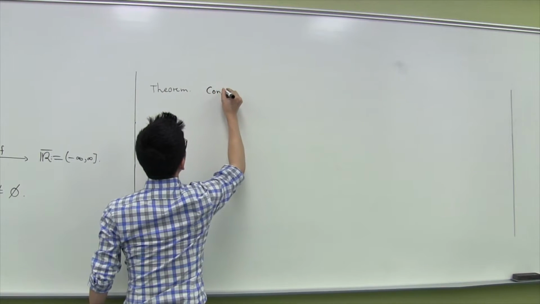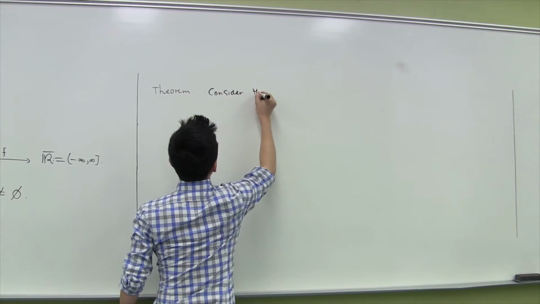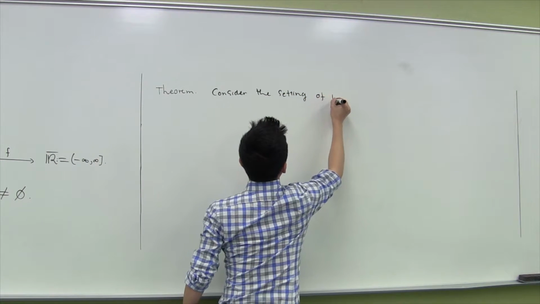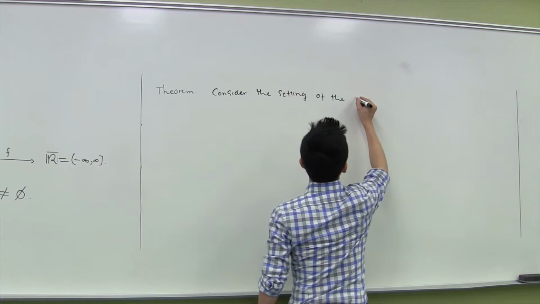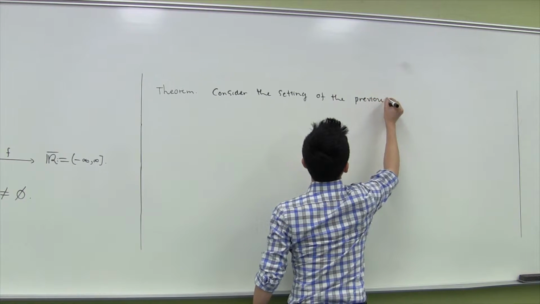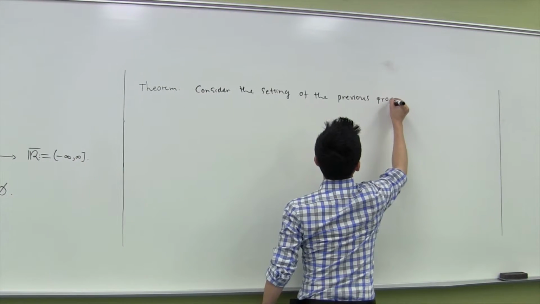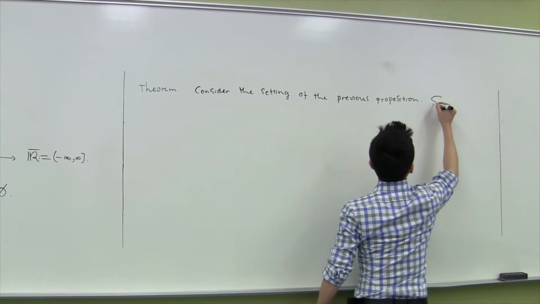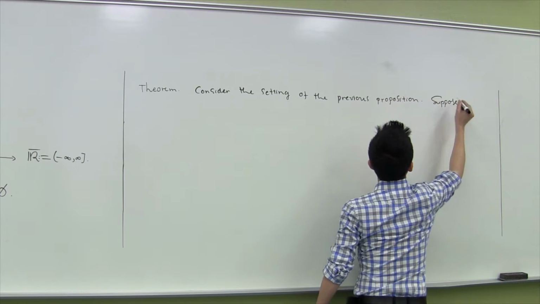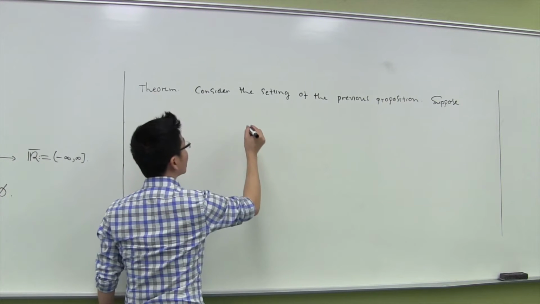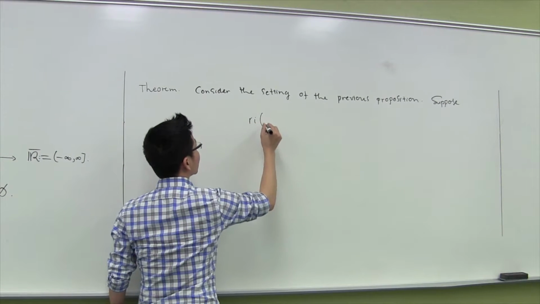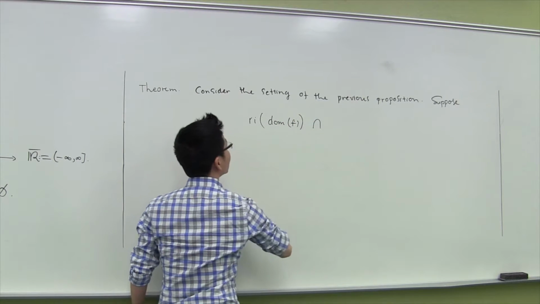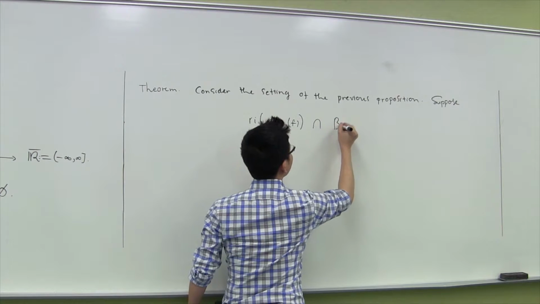Consider the setting of the previous proposition. We suppose the following. Suppose that the relative interior of the domain of the function f intersects the range of the function b.